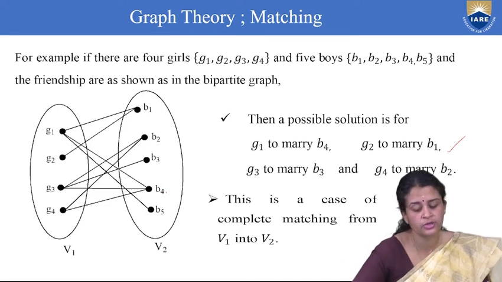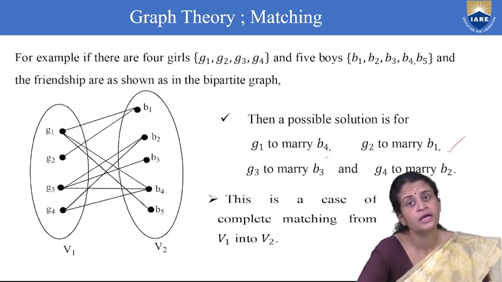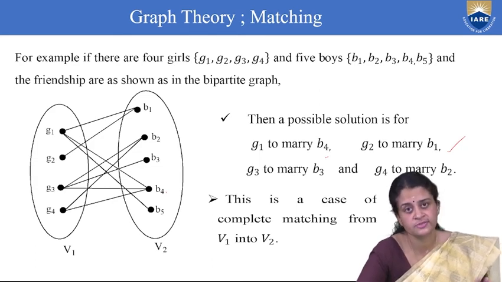Here, instead of G1 going for B1 or B4, I can select another person also. It can be B5 also. G1 can be married to B5. So different cases are there, but this particular case is one solution. Okay, you can find different cases also from this case.